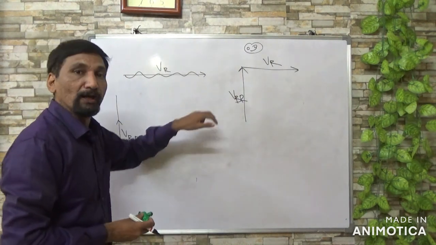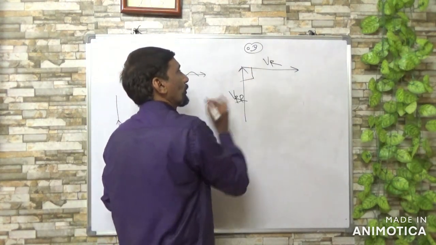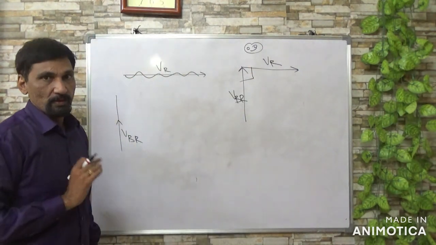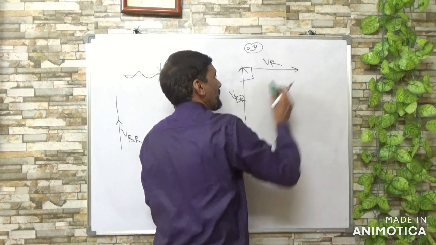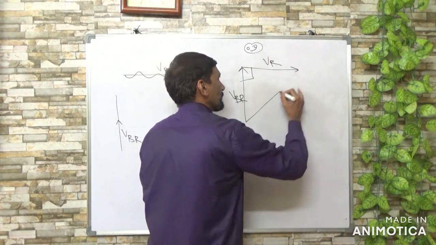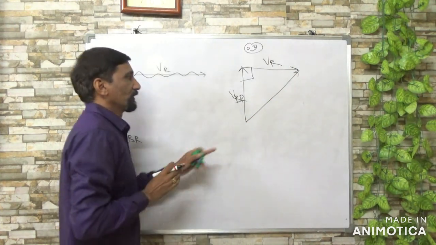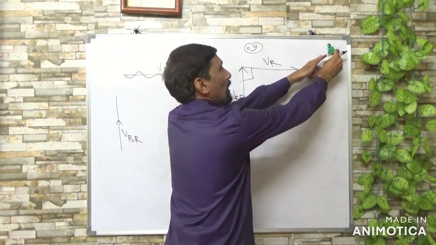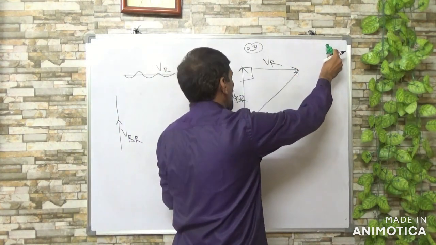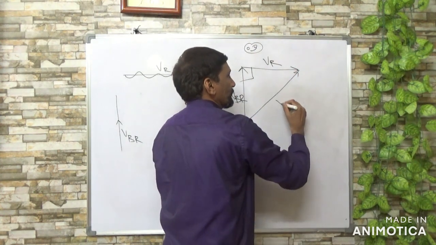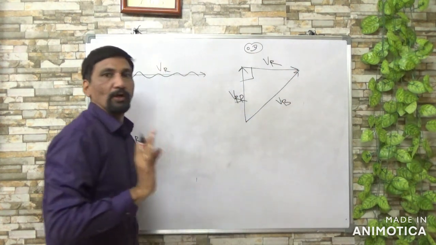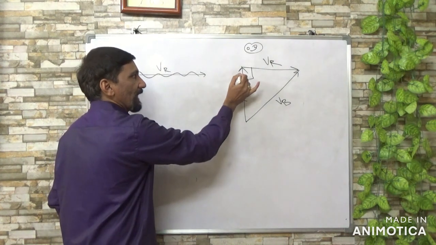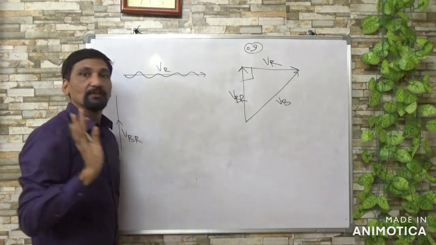So here the boatman knows that he is moving perpendicular to the river flow, but anyone observing it from outside knows that the boat is moving in this direction. So this observer from ground knows that this is the direction of boatman. How? You are adding the head of second one to tail of first one.